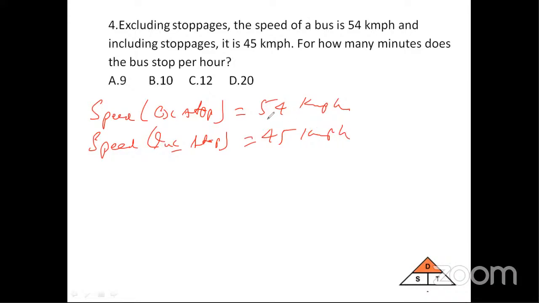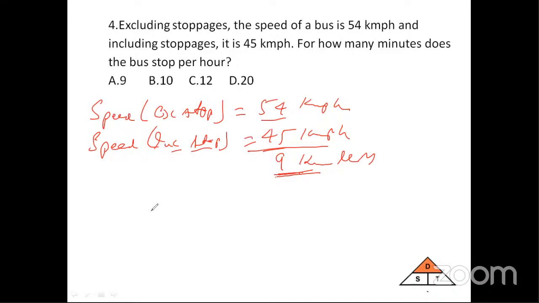So what it means is, in 1 hour it can cover a distance of 54. Including stoppage, it can cover a distance of 45, which means it will cover 9 km less if it goes including stoppages. So now we have to find out the time taken to cover 9 kilometers.